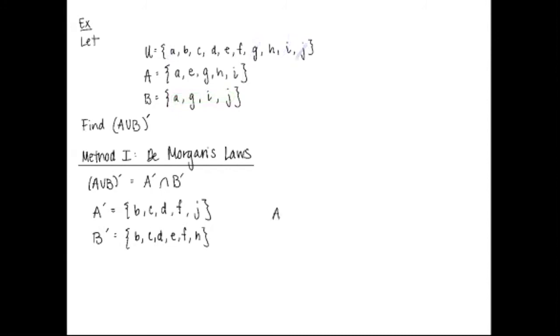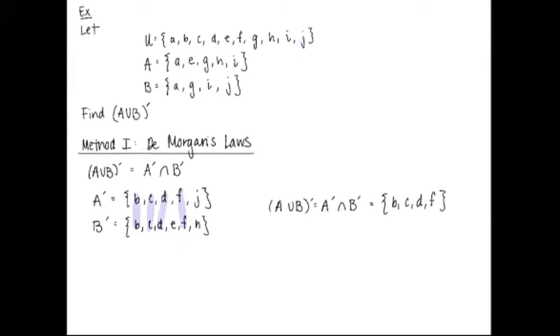So I want A complement intersect B complement. And what's in common is letters B, C, D, and F. Okay. So A union B complement is exactly equal to B, C, D, and F, without me needing to draw a Venn diagram.